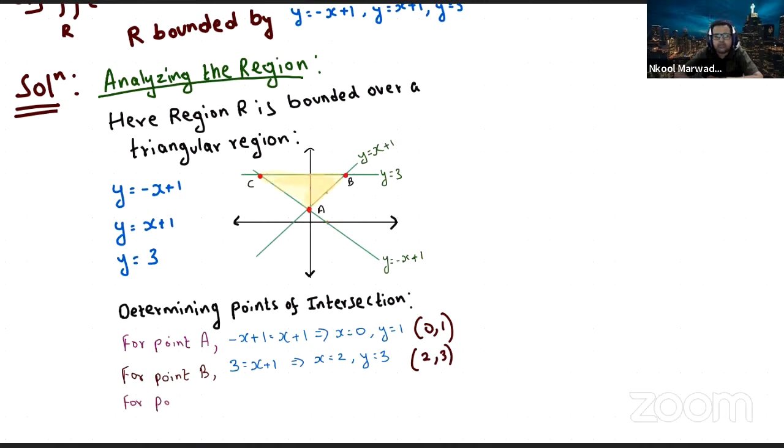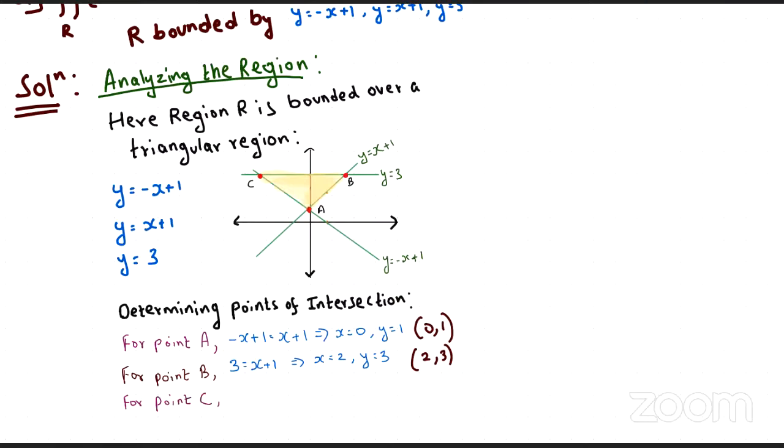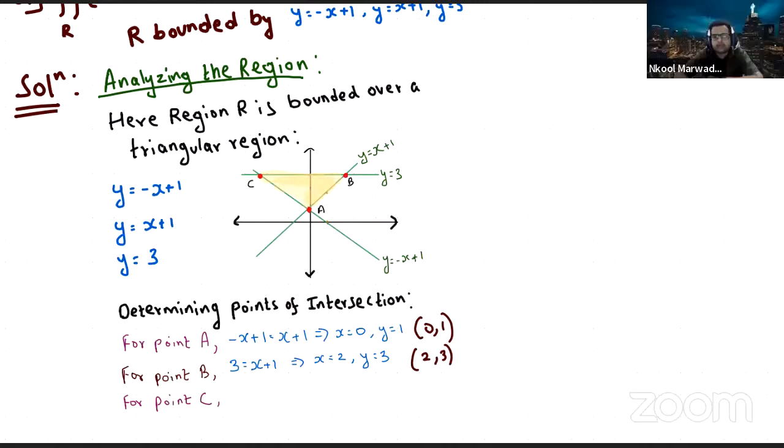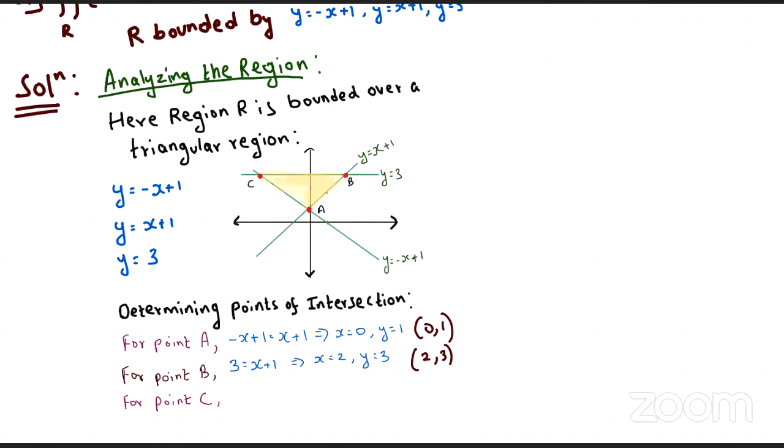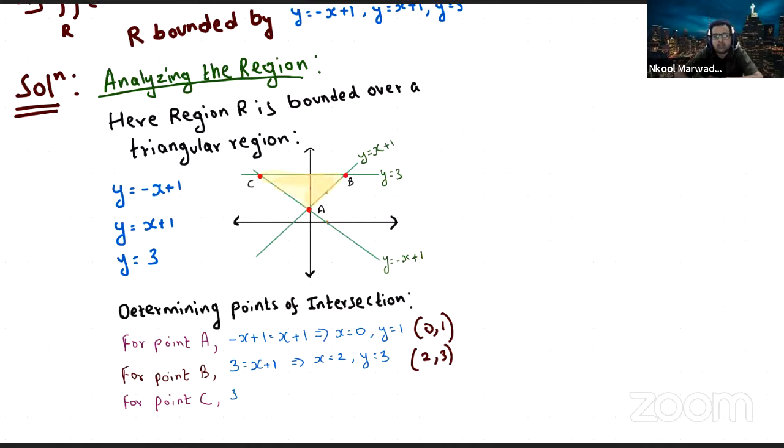For point C, let us see what is happening. y is equal to minus x plus 1 and y is equal to 3. At point C, the line is minus x plus 1.